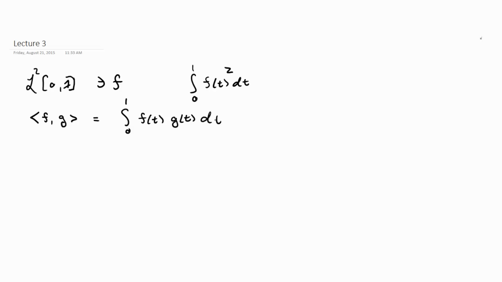So f is in this space if and only if the integral from 0 to 1 of f(t) squared dt is finite. And let's define the inner product between two elements of this space, f and g, as equal to the integral of f(t) g(t) dt.